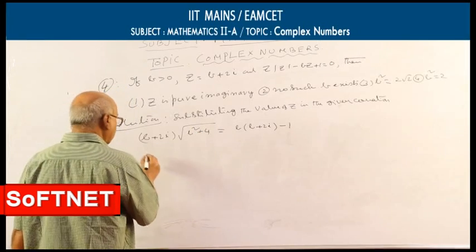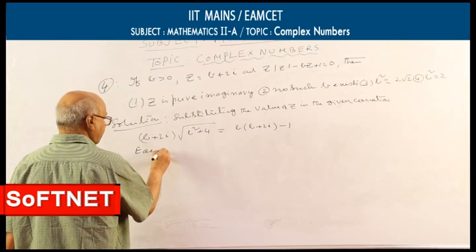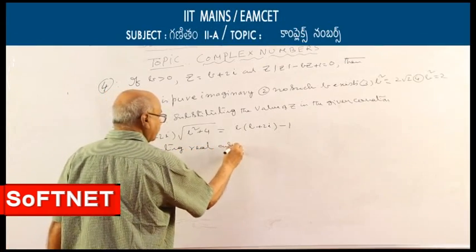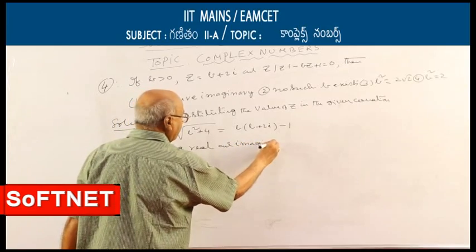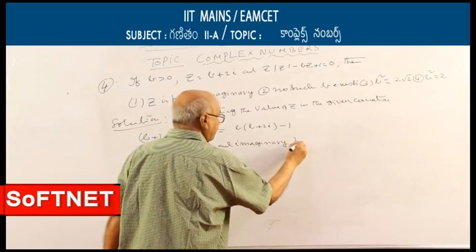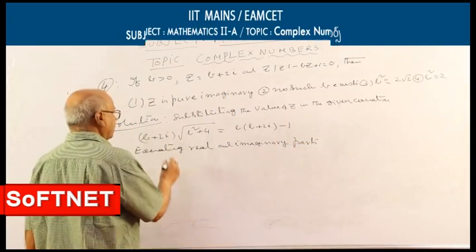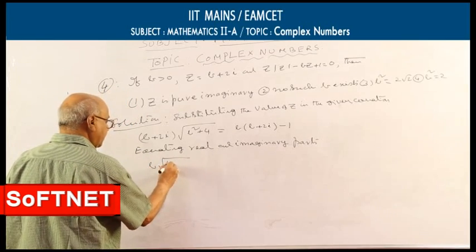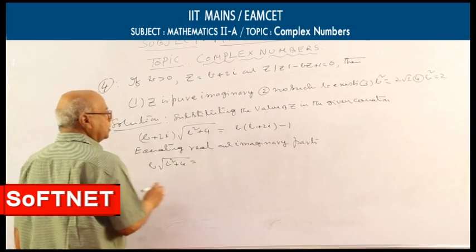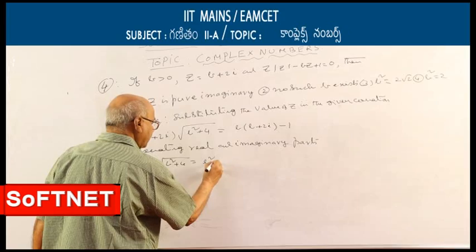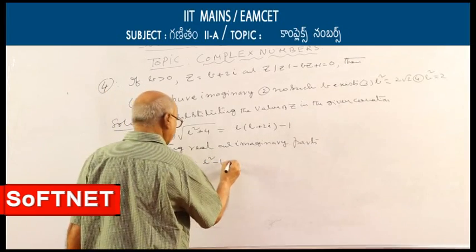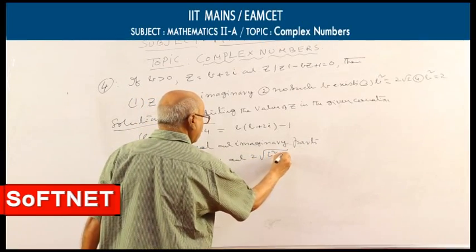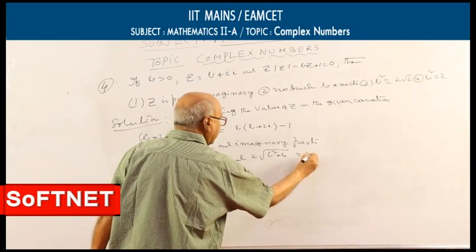Now again equating real and imaginary parts, we have b into the square root of b square plus 4 is equal to b square minus 1, and 2 into the square root of b square plus 4 is equal to 2b.